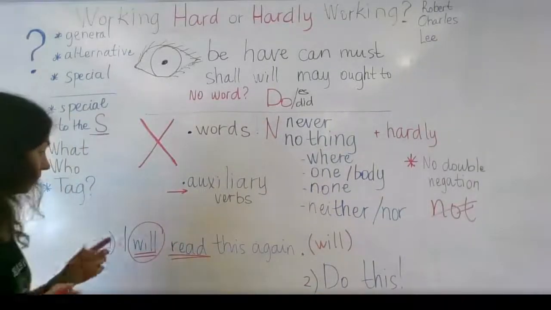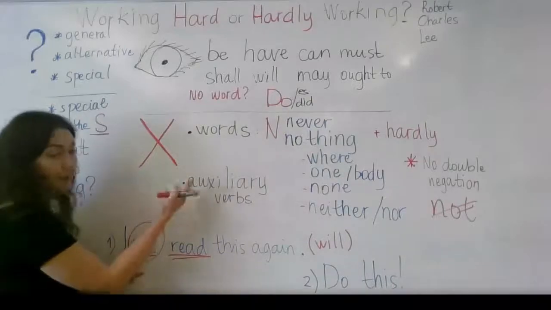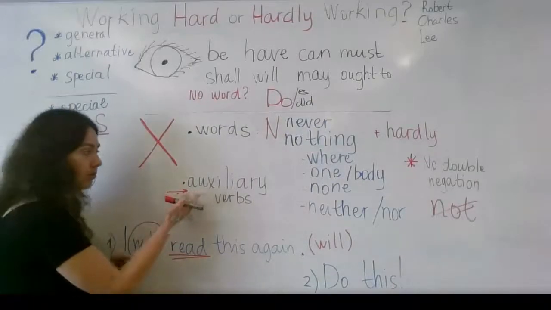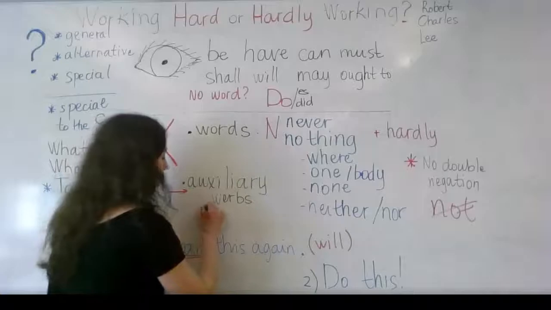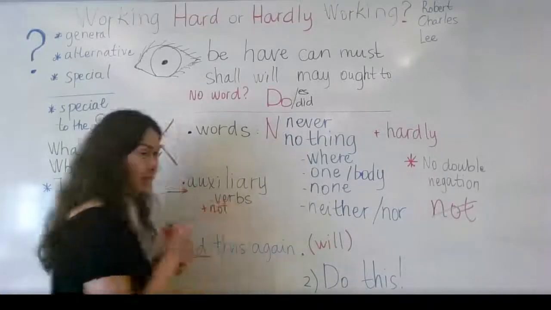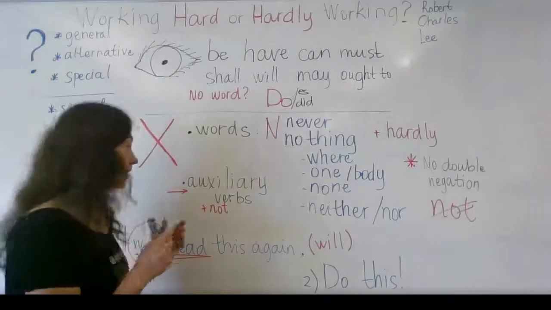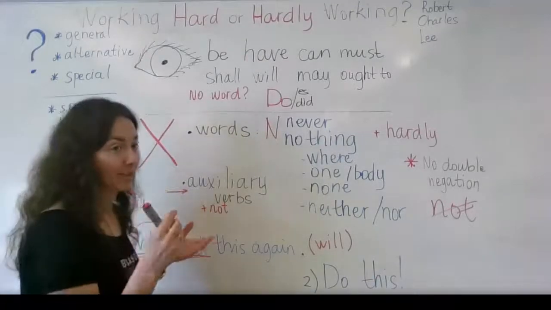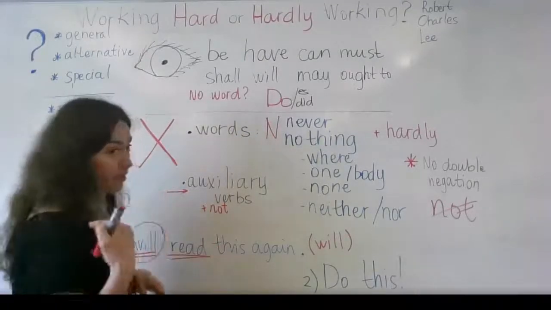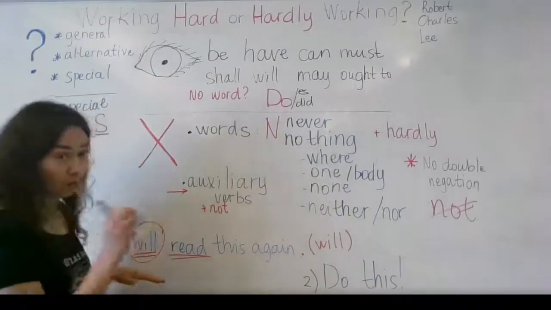Step number 2. When you make a negation with the help of this auxiliary verb, you have to add not to this auxiliary verb. And we've talked about these short forms, how you spell these short forms already in the previous video. So today I won't focus on that.